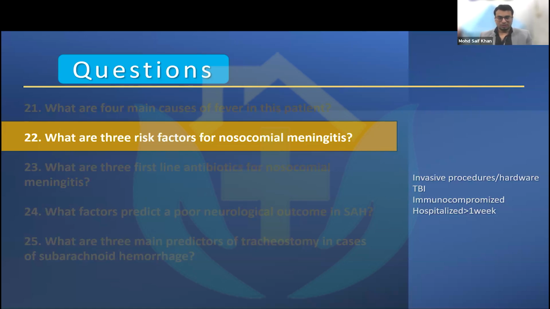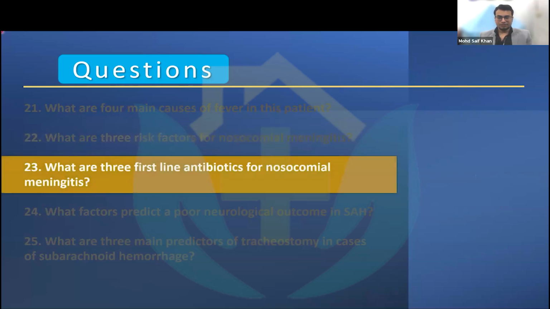nosocomial meningitis. So what are 3 first-line antibiotics for nosocomial meningitis? So 3rd generation cephalosporin, we have said already, vancomycin are the first line.